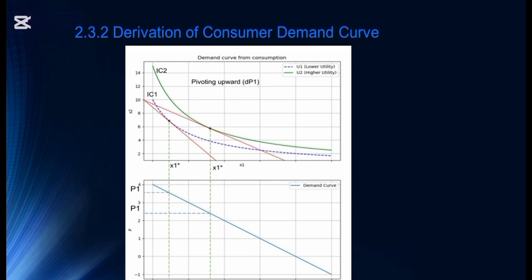In the graph, we can see that if P1 decreases while P2 remains constant, the budget line pivots upward. Look over the graph.